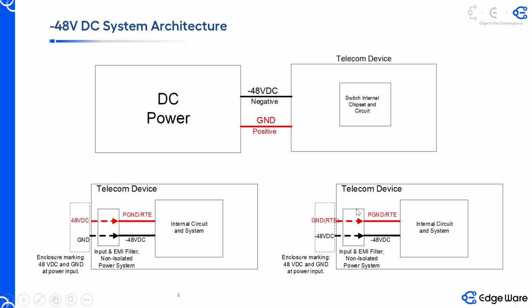But there are other devices that are very clearly labeled this way. This is a very obvious negative device, right? Negative 48 VDC and GND, let's say. Then the GND connector inside is the PGND RTN, and the negative 48 is negative 48.